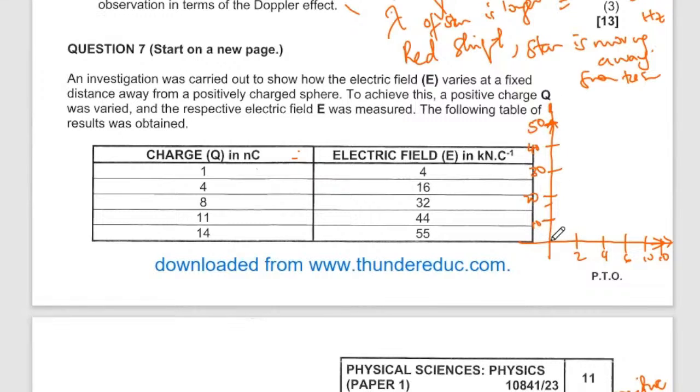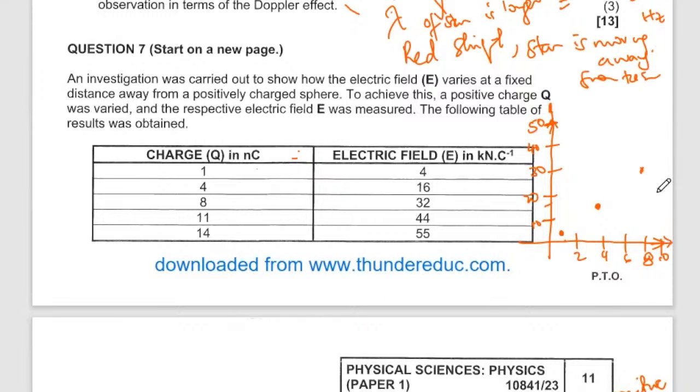So we know that 1 goes with a 4, which is somewhere there. And then 4 goes with 16, which is slightly below. And then this is 8. It's going to go with 42. It's slightly above.